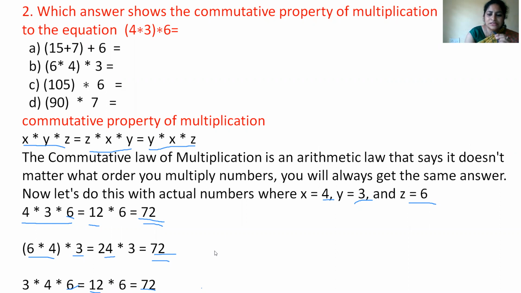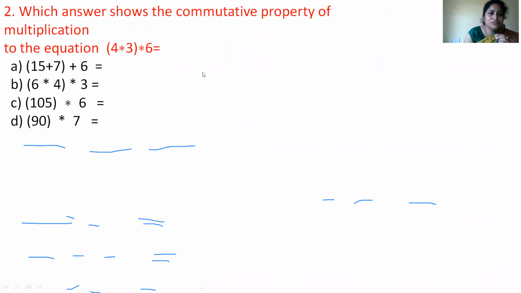So what is the question asked here? Which answer shows the commutative property of multiplication to the equation 4 into 3 into 6?